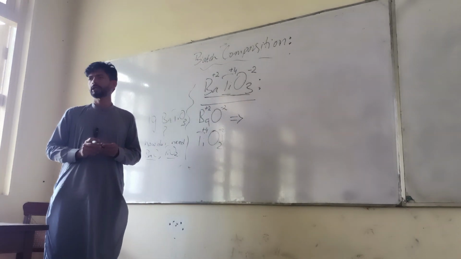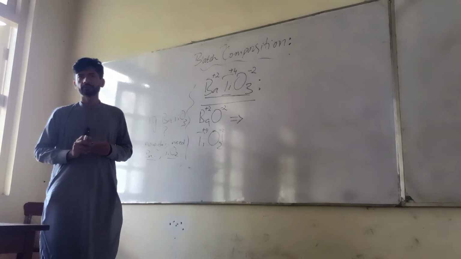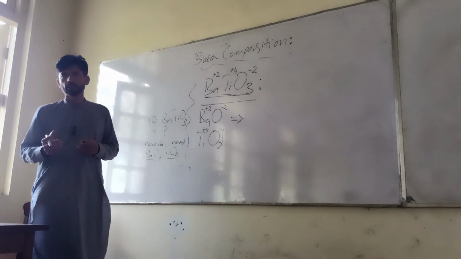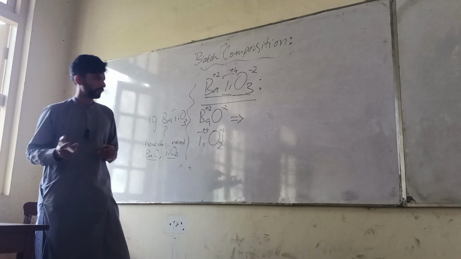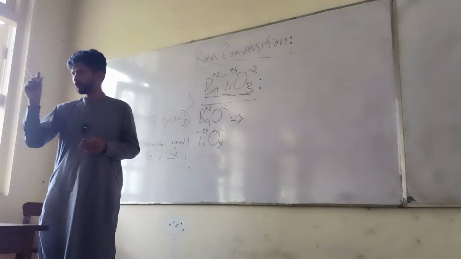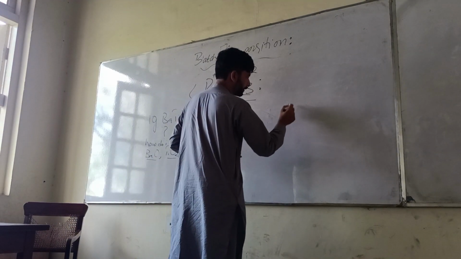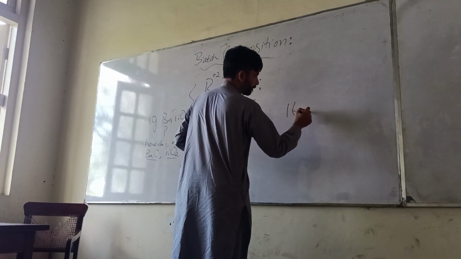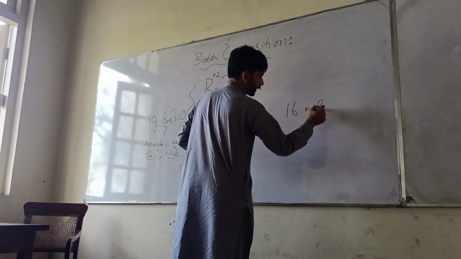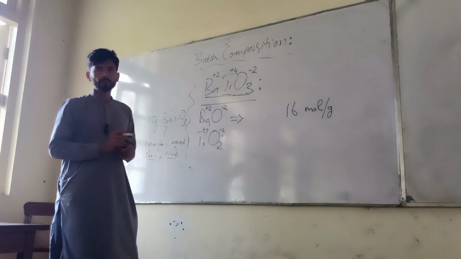Then after getting these, we have to derive the molar mass or atomic mass. So what is the atomic mass of oxygen? It is 16, so 16 grams per mole. And what about barium? How much is it?